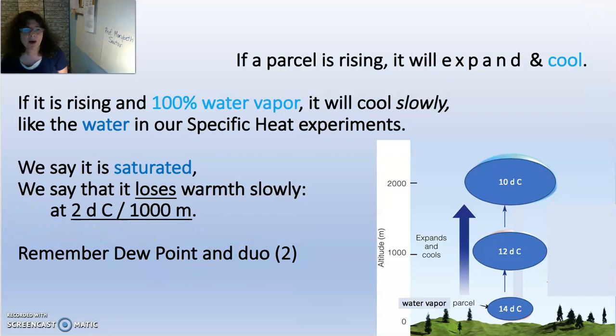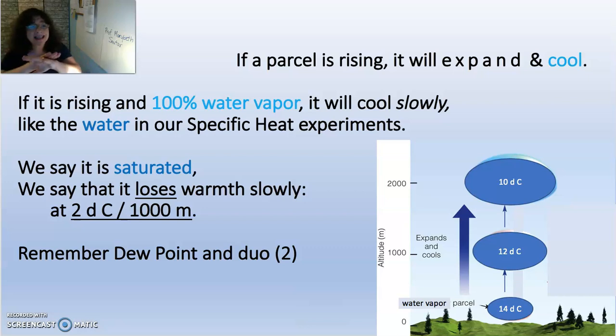When we talk about the dew point adiabatic lapse rate, we are talking about a parcel that we collected at the surface, an imaginary parcel that is at the dew point temperature and is 100% water vapor. There is no oxygen in this parcel. There is no nitrogen. There's no argon.